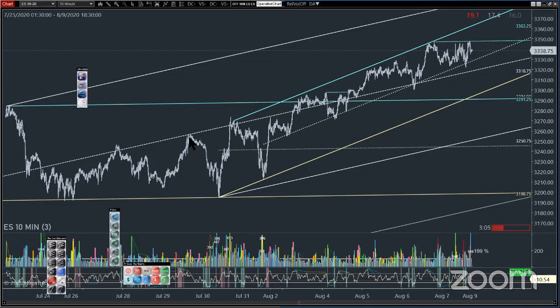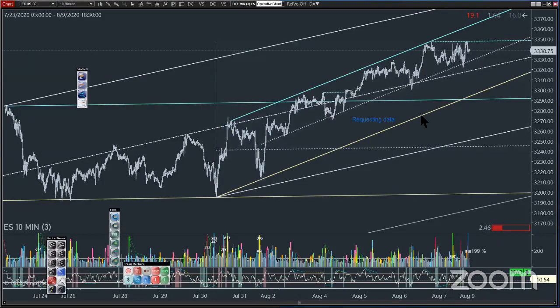Put a little volume profile on this and see what's up. I can't see it. We've got to do something about this selection for the volume profile. I'm getting tired of having to squint.